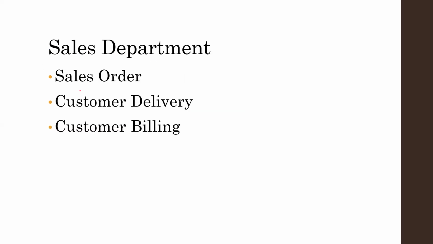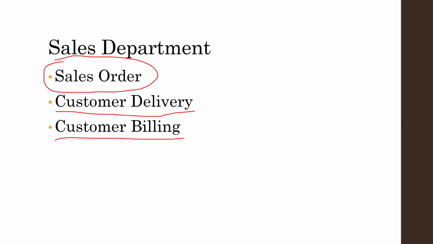For the finished goods, a sales order will be created, customer delivery will be done, and customer invoice, customer billing. They issue the material to the customer and bill the customer. This is the sales department, Sales and Distribution, SAP SD.